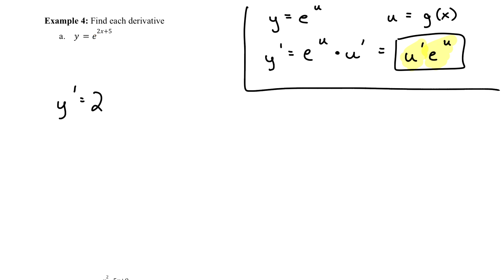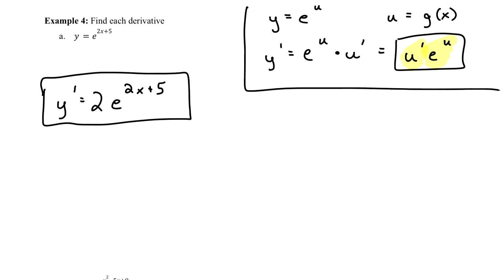So I need to multiply that by e to the 2x plus 5 power. So I'll have 2 times e to the 2x plus 5 power. And there's my derivative. Not really any more simplifying I can do there, and I would just stop right there.